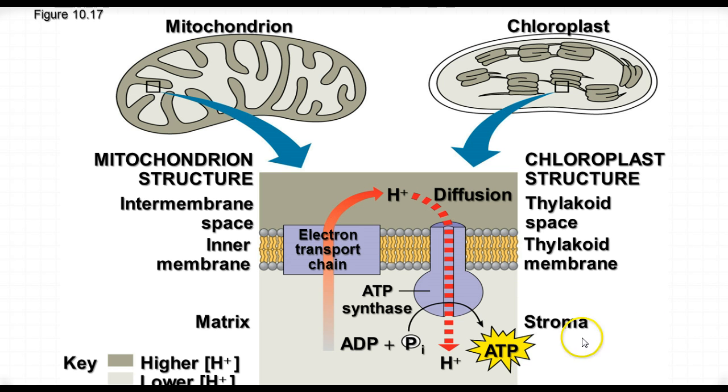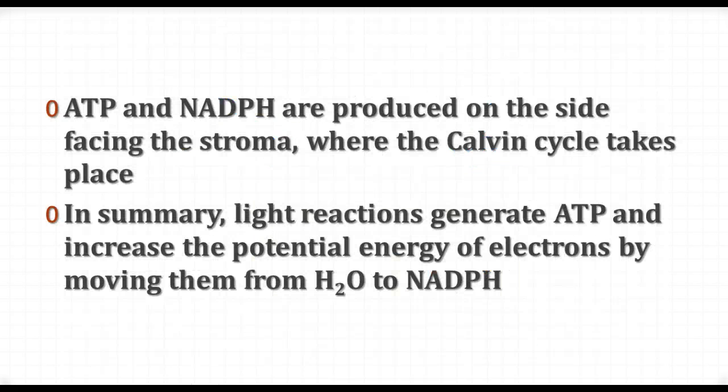But basically you have the same process happening. An electron transport chain pumps hydrogen ions or protons into that space, then they diffuse back through ATP synthase to produce ATP. In the chloroplast, the ATP and NADPH are produced on the side facing the stroma, and that's where they're needed because that's where the Calvin cycle takes place.